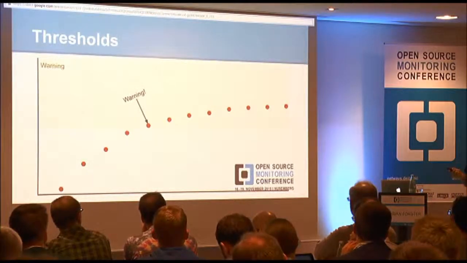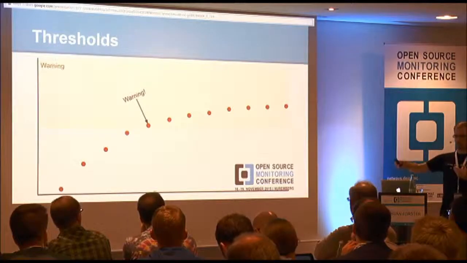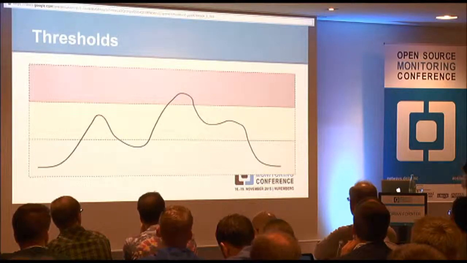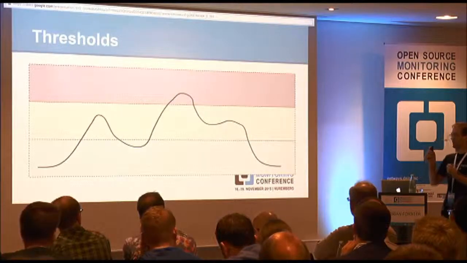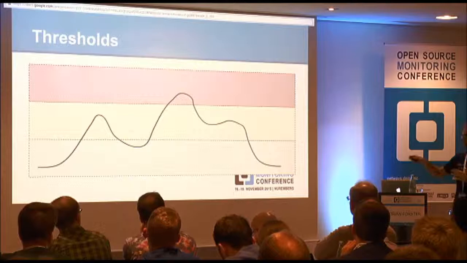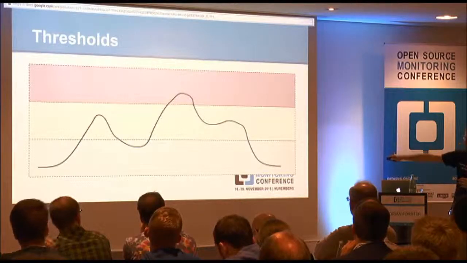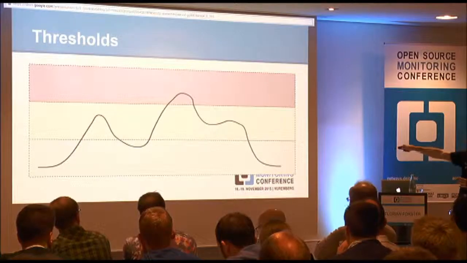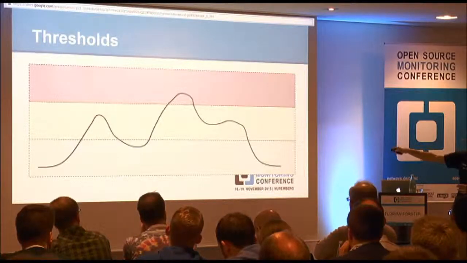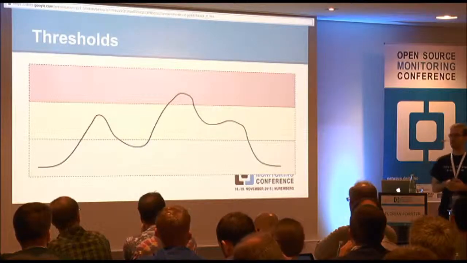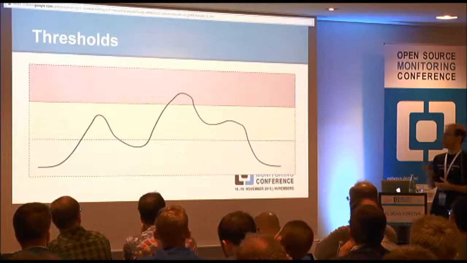Depending on the tooling you have later on, it might also make sense to, oh, sorry, I skipped ahead a bit. So the way this works is, as you have a supposedly green field down here, you have a yellow field in the middle, which is supposed to be the warning range, and a red field on the top, which is supposed to be the failure range.